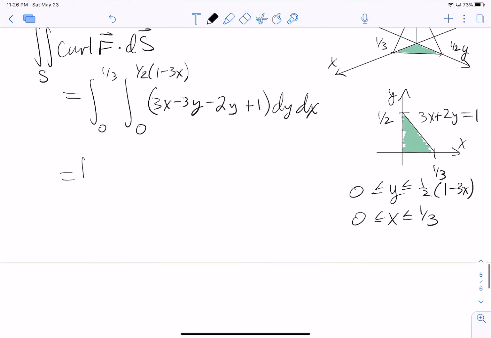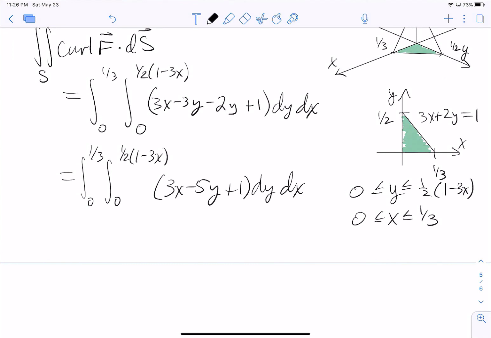Simplifying the integrand, we get the integral from 0 to 1/3 of the integral from 0 to 1/2 (1 − 3x) of 3x − 5y + 1 dy dx. I will leave the details to you. You should confirm that we get the answer of 1/24.